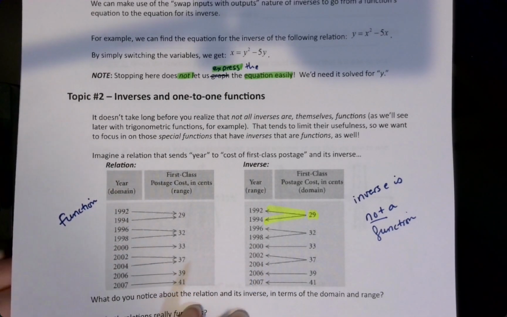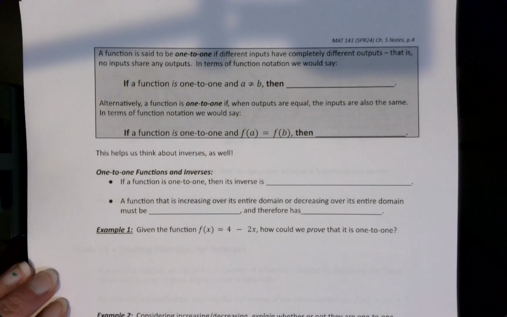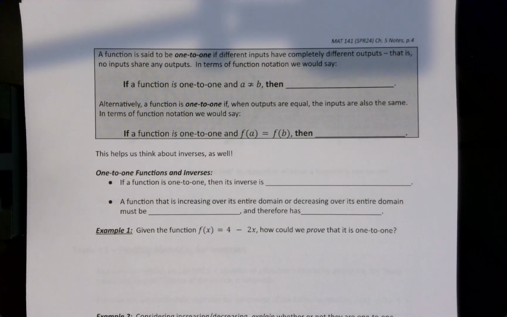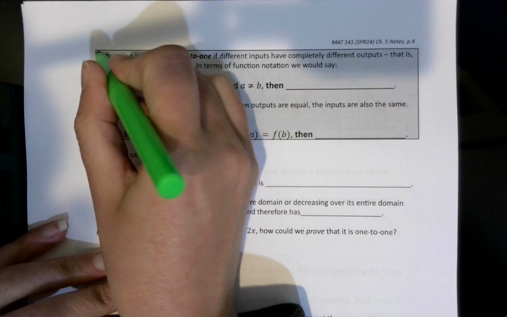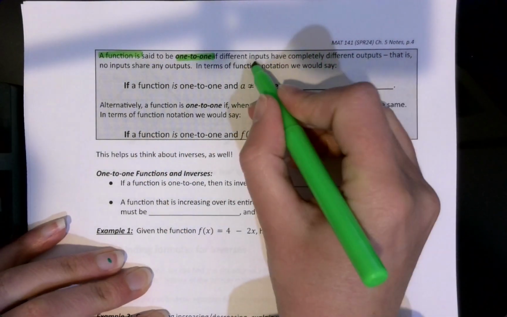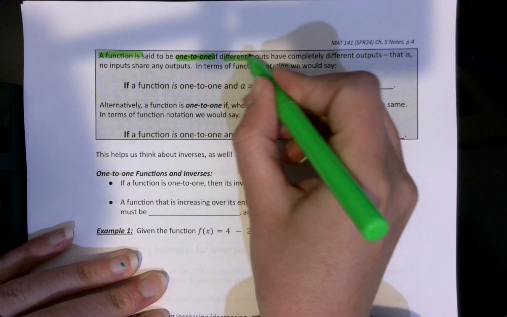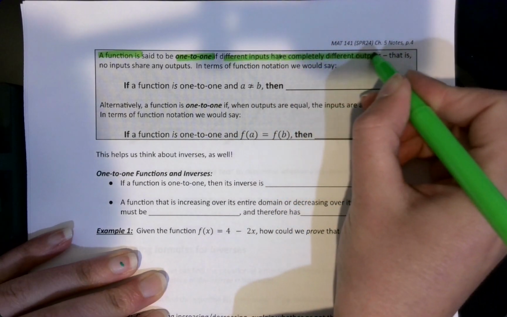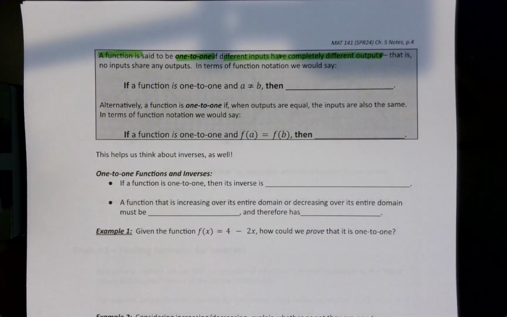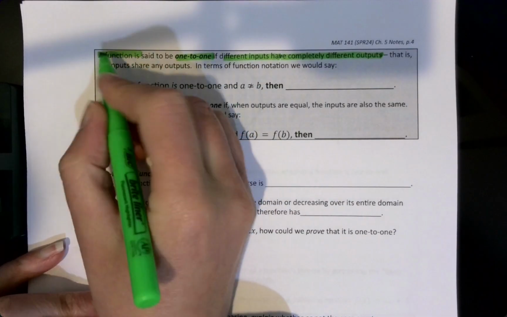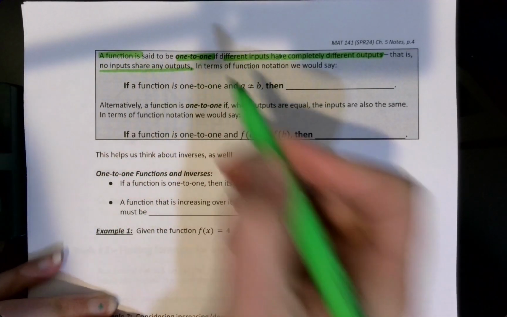So let's go on to the next page. A function is said to be one-to-one if different inputs have completely different outputs. That is, no inputs share any outputs.